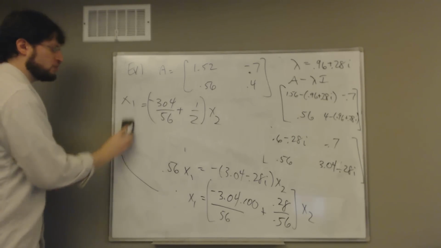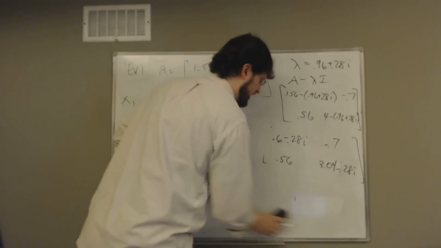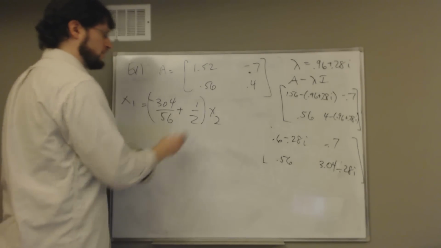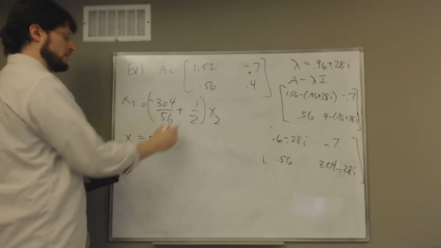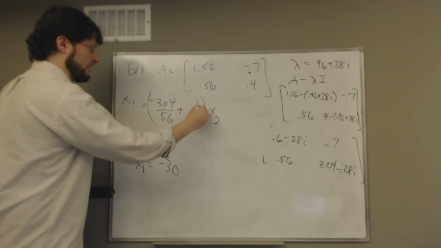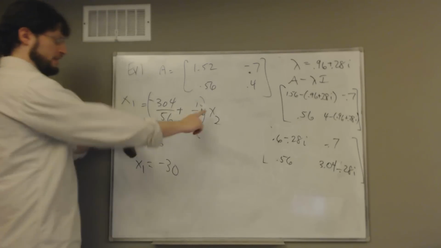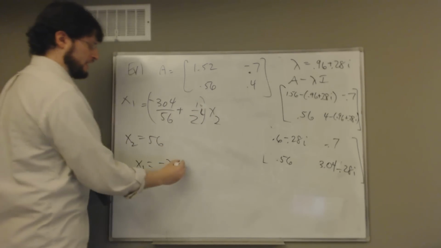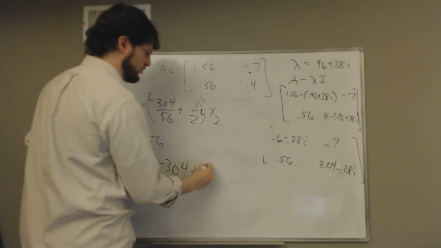Now we can pick our x2 to be whatever we want. The easiest thing to pick here, so that we don't have any fractions or decimals left over, would be x2 equals 56. Because if x2 is 56, when I multiply through, then I get x1 equal to negative 304 plus 56 times 1/2 i, which is 28i.